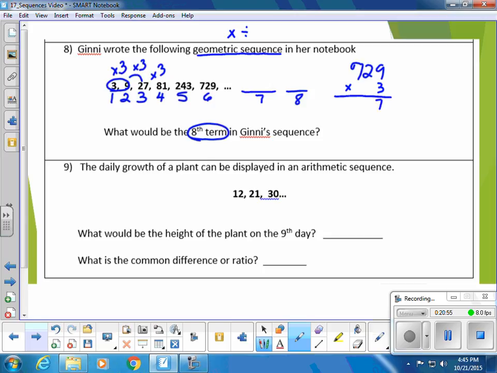3 times 9 is 27, carry the 2. 2 times 3 is 6, plus 2 is 8. And then 3 times 7 is 21.